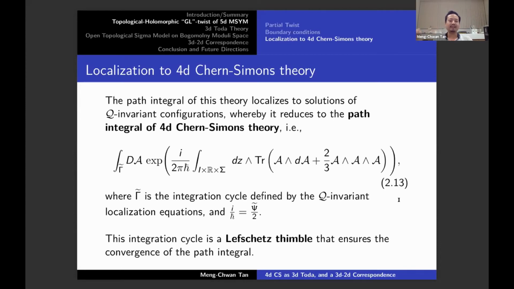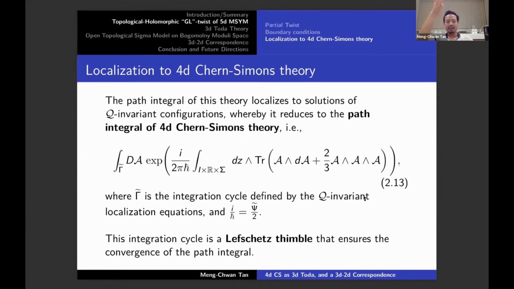So very nicely, we just have a single contribution to 4D Chern-Simons from the various boundaries. Only the one at the origin of our class contributes to the path integral. That's a very nice result. This integration cycle is a Lefschetz thimble that ensures the convergence of the path integral.